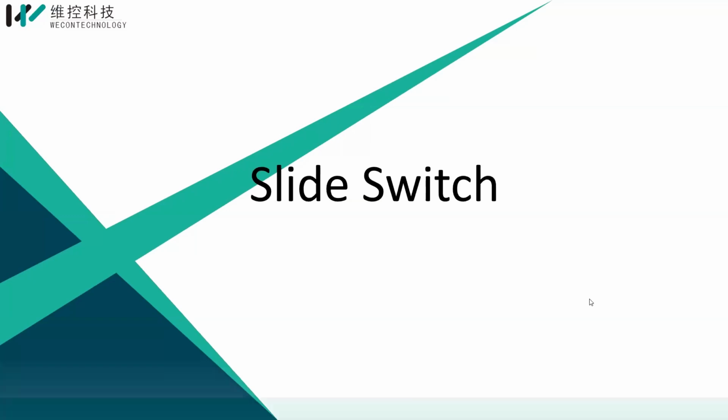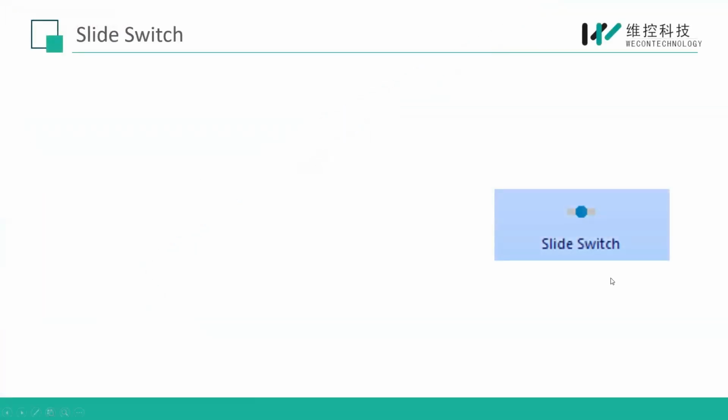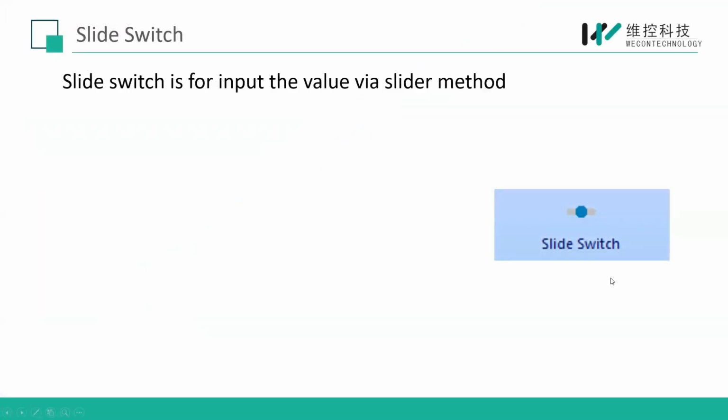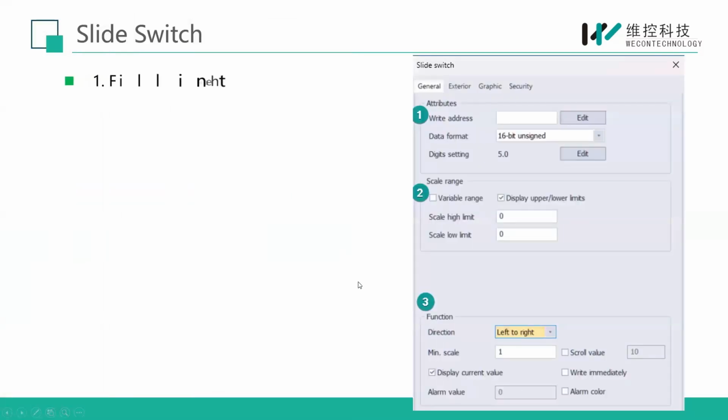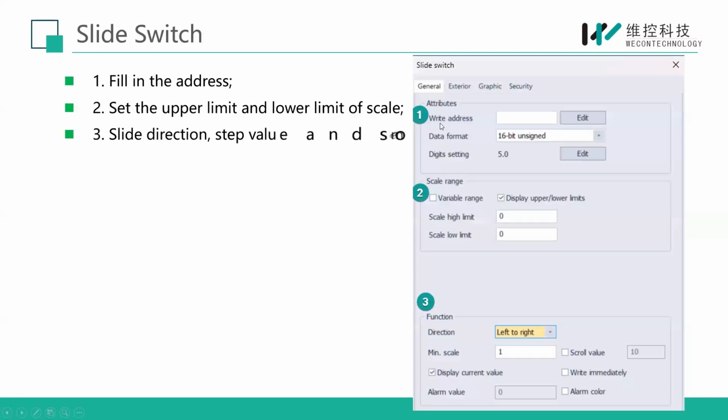And the last one I think is the slide switch. If you use it, it is a very good tool. Slide switch is for inputting a value via a slider method. Let me explain how you can use it. First is your address: you have to write your address and select the data format for it.